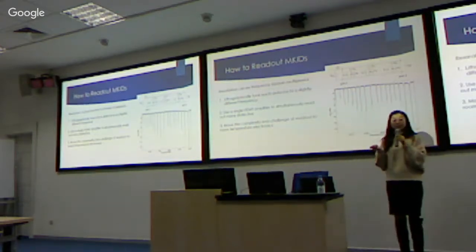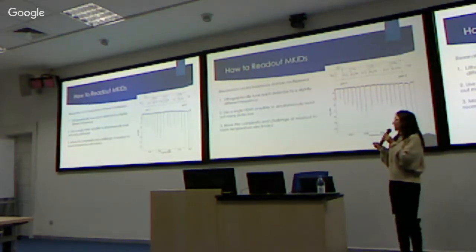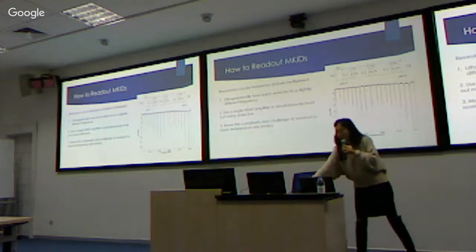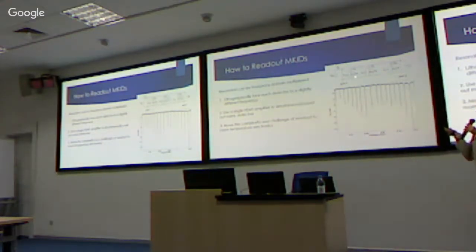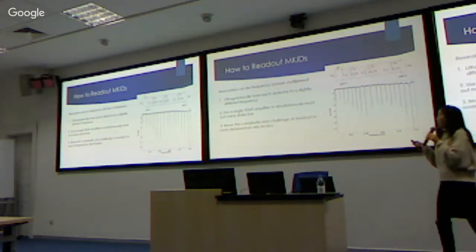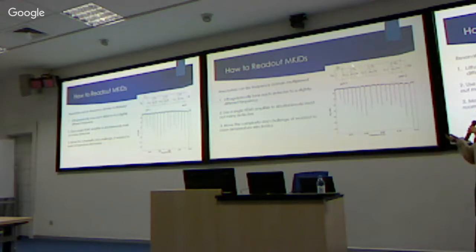So, an MKID device can be represented by this RLC circuit. I'd like to show it to you. Each of these RLC circuits is tuned to a slightly different resonance frequency.